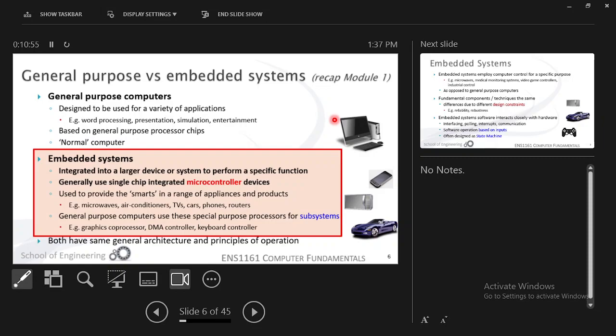But nowadays we have a more expanded version, because we have portable devices, like iPads or notebooks.